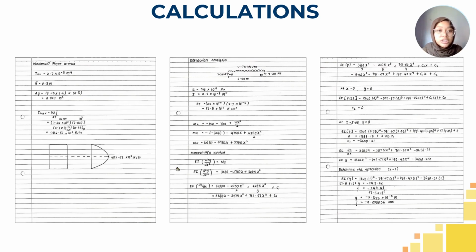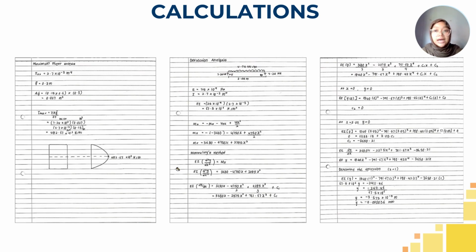Jadi equation itu mendapat 1840x kuasa 2 tolak dengan 791.67x kuasa 3 tambahkan dengan 190.42x kuasa 4 tambah dengan C1x tambah dengan C2.